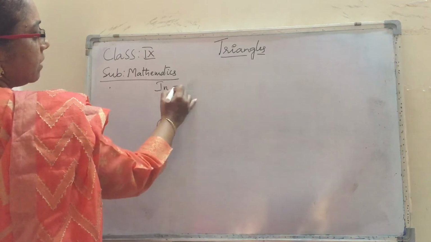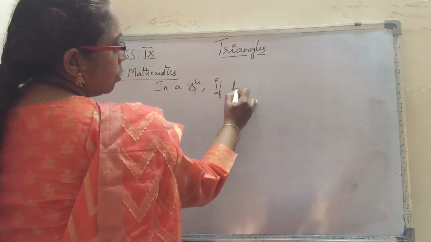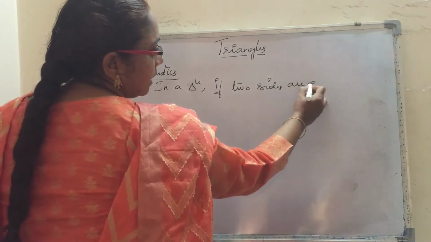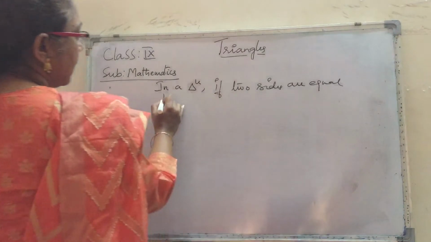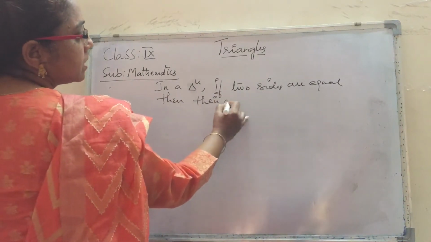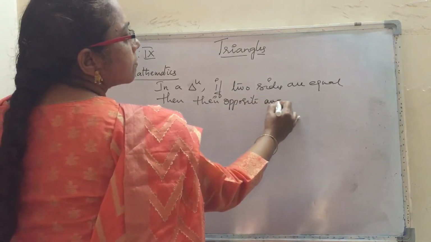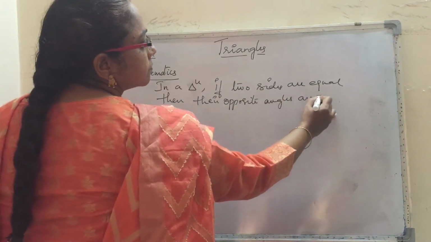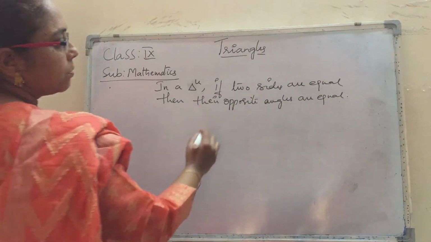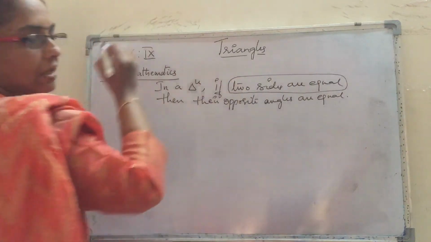So what is the statement? In a triangle, if 2 sides are equal, then their opposite angles are equal. Here in this statement, the if part is 2 sides are equal.